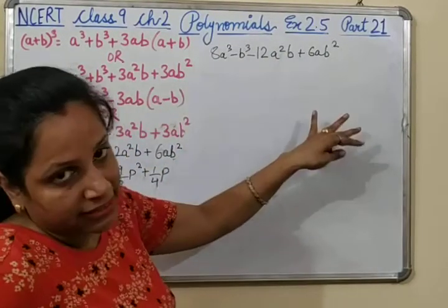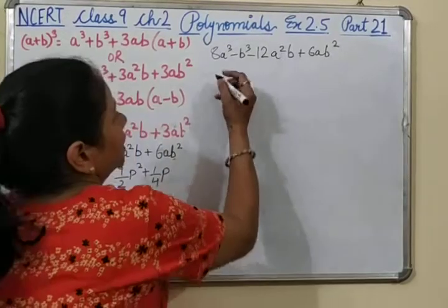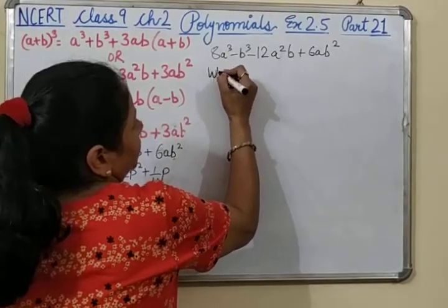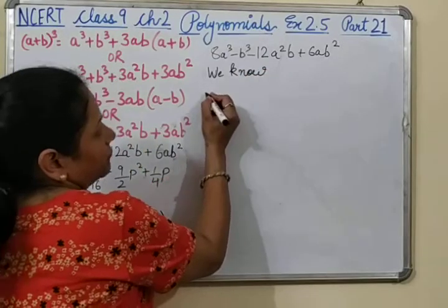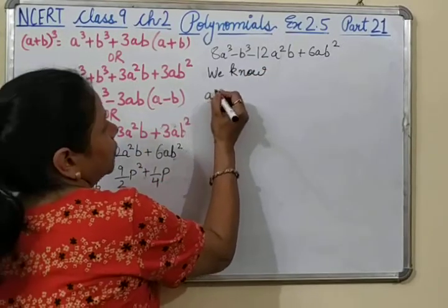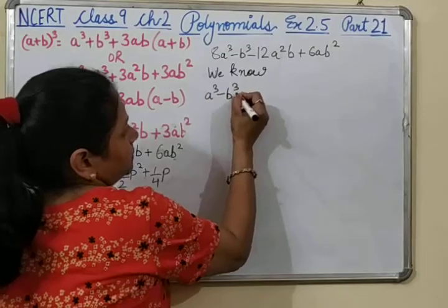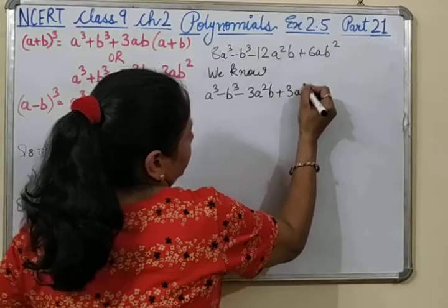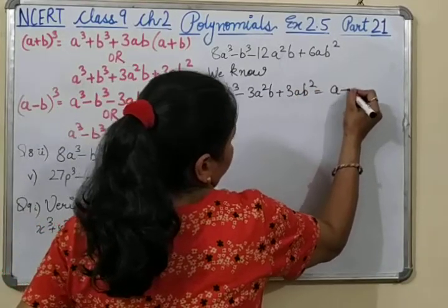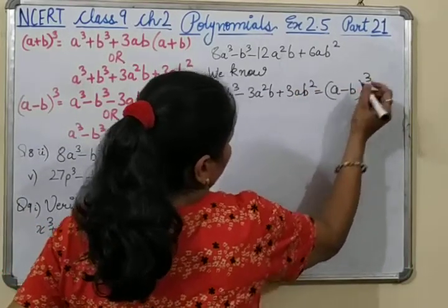अब ये लगाएंगे कैसे? How we have to implement? First of all, we have to mention the identity that we are using. So which identity are we using? We are using a cube minus b cube minus 3a square b plus 3ab square is equals to a minus b whole cube.